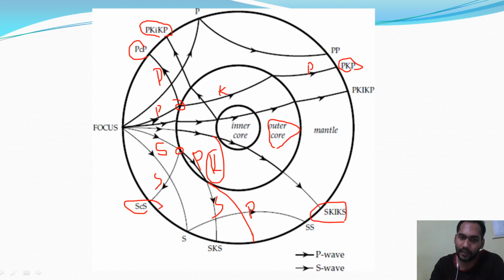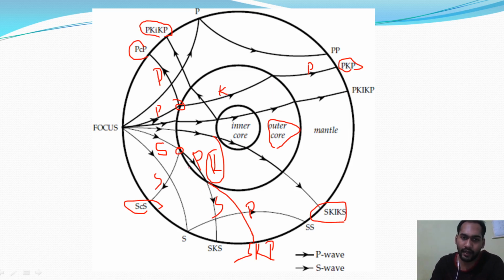It traveled in the mantle as P wave. So it is SKP. Sorry for the writing here. So SKP means S in mantle, P in outer core, then P in mantle.